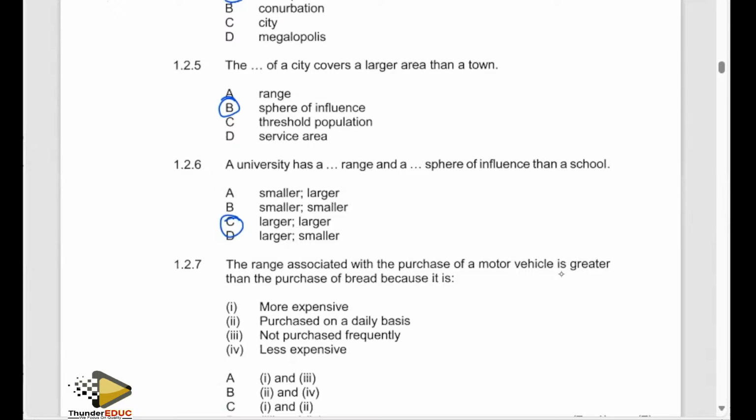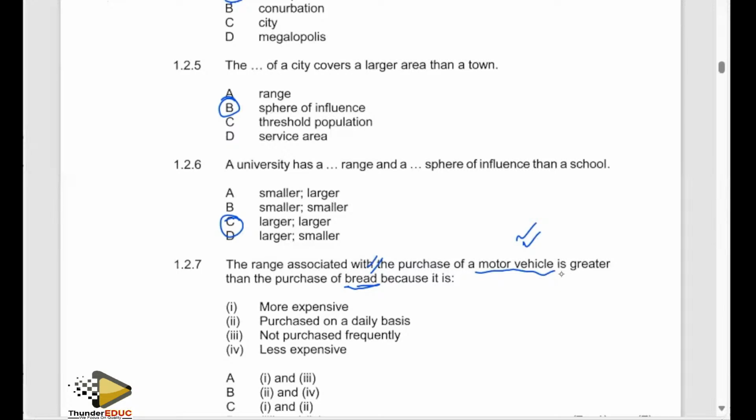The range associated with the purchase of a motor vehicle is greater than the purchase of bread because, right, you are comparing a motor vehicle, which is a high order good, versus bread, which is a convenience good or a low order good. You tend to find that we take considerable effort in buying a motor vehicle compared to the way we buy bread.